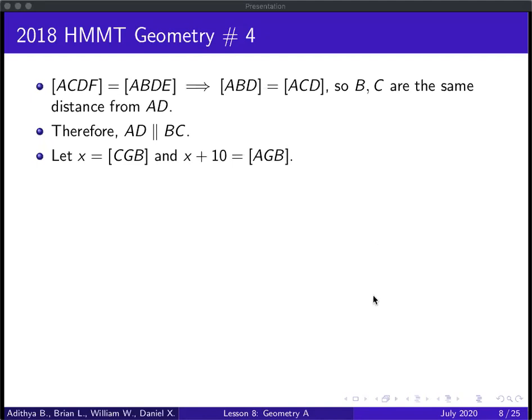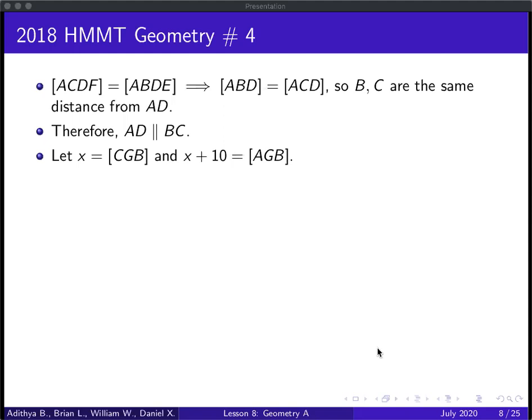The areas of triangles are really nice, especially when the two triangles share something in common.